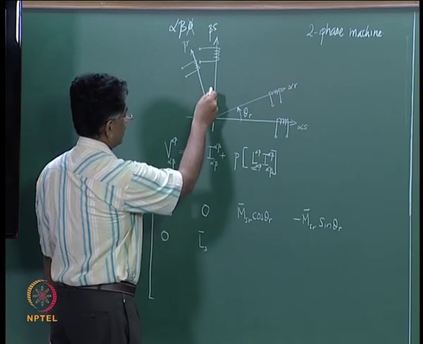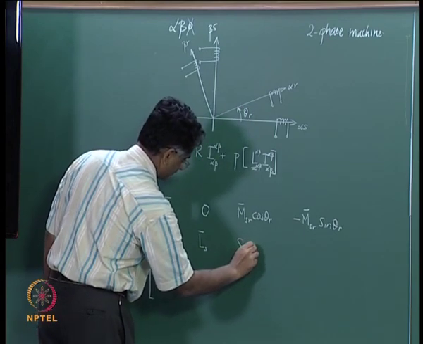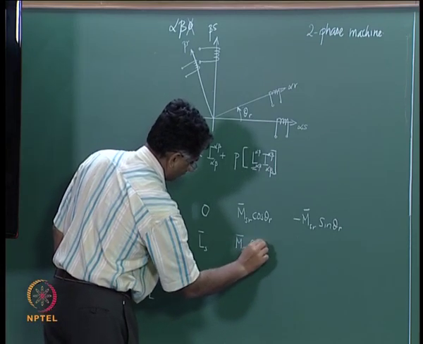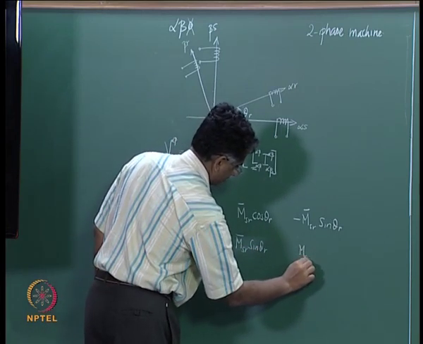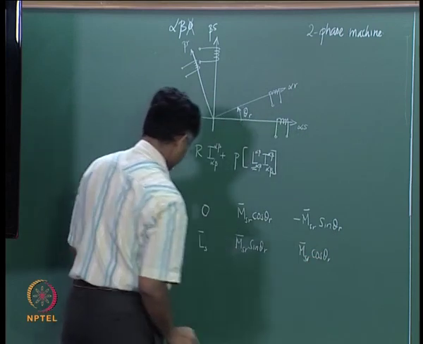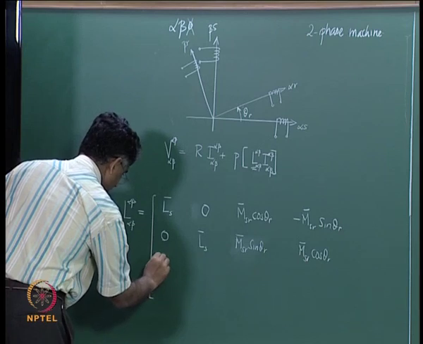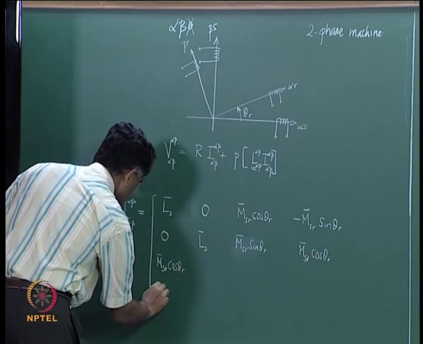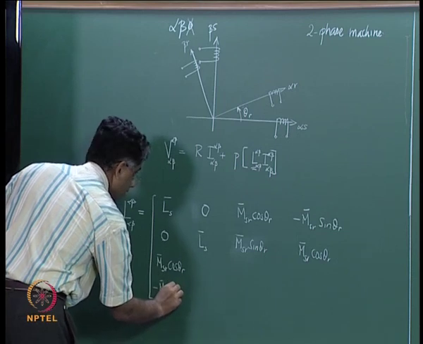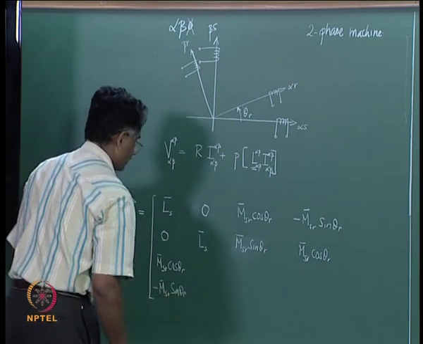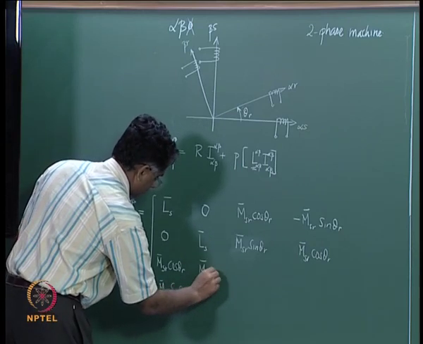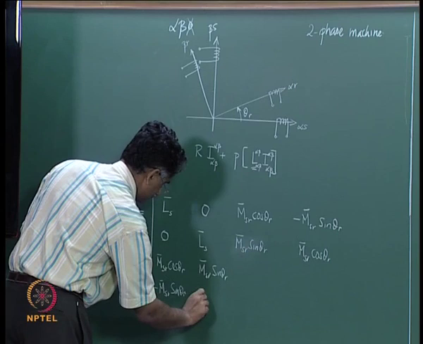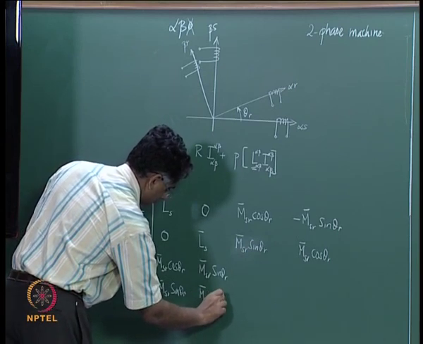And then you have between beta s and the alpha r axis, so that is sine of theta r into MSR bar, and then you have MSR bar cos theta r, and then here you have MSR bar cos theta r, and then this is minus MSR bar sin theta r, and then here you have MSR bar sin theta r, and then cos theta r.